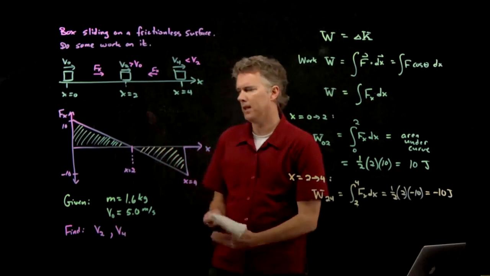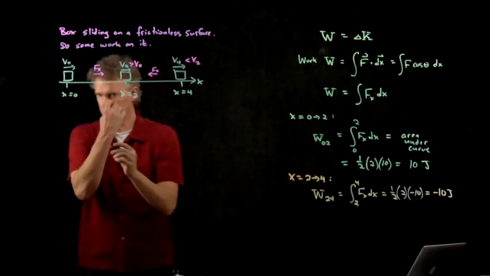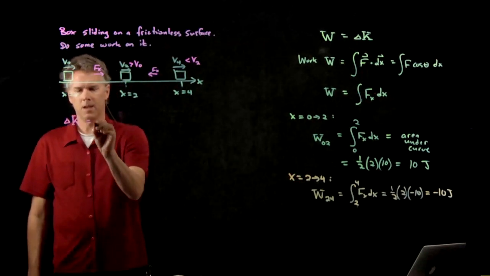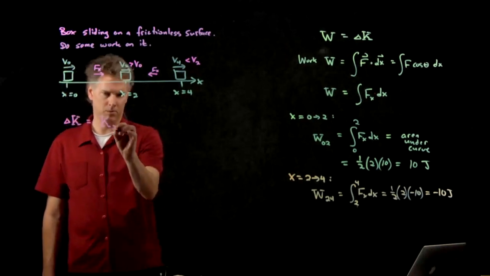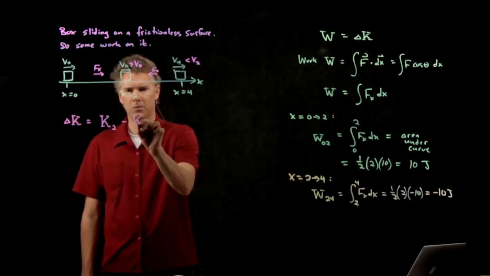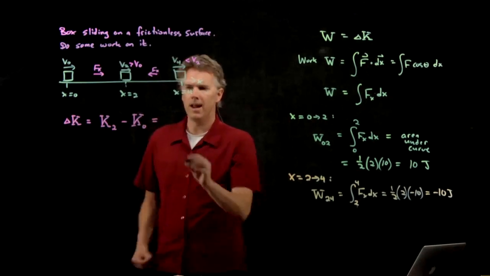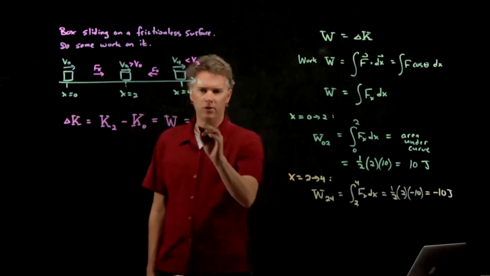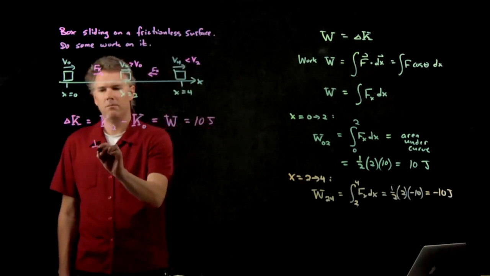Let's see if we can relate it back to the kinetic energy. So delta K is K at the final position, which we'll say is at 2, minus K at the initial position, which is 0. And all of that has to equal the work, which for that section is just 10 joules. But we know what this is.